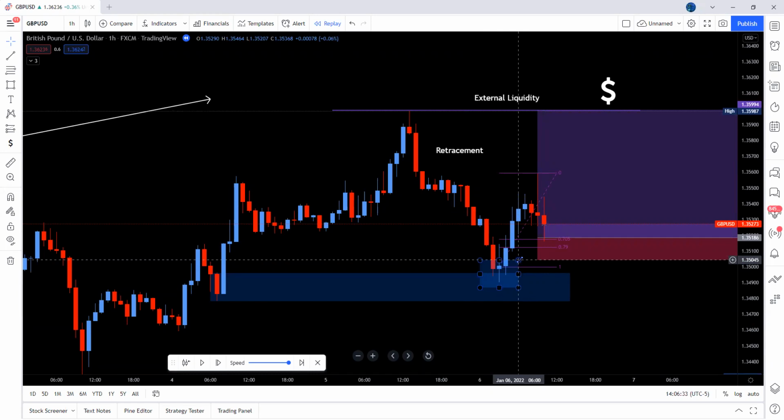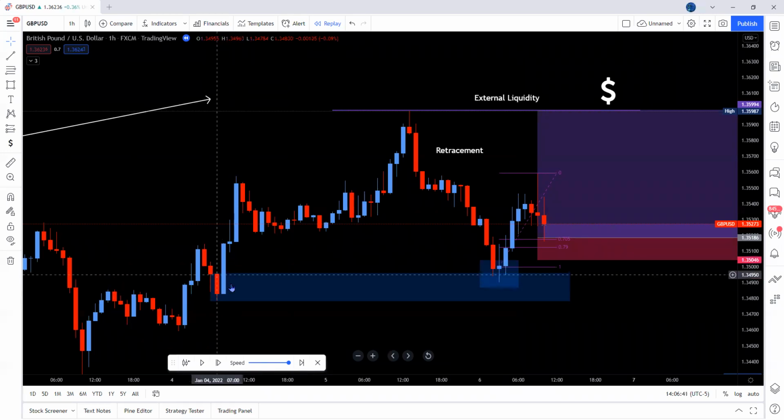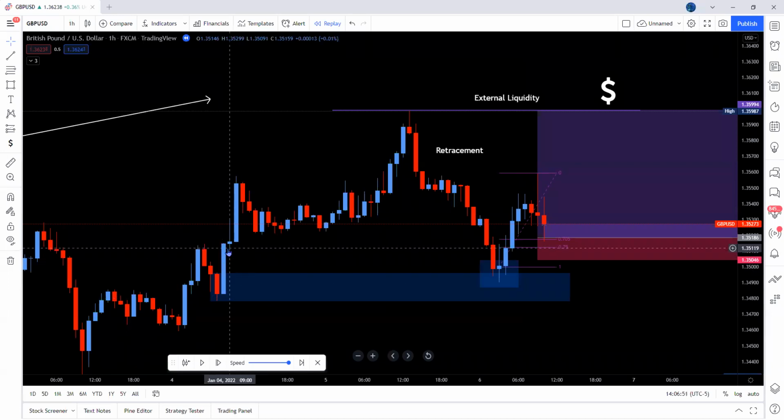James, I just have a side question. That first order block that you have there, see that doji candle in the middle there, the long wick? Had that wick come down to that order block, would that have been mitigated? Yeah.